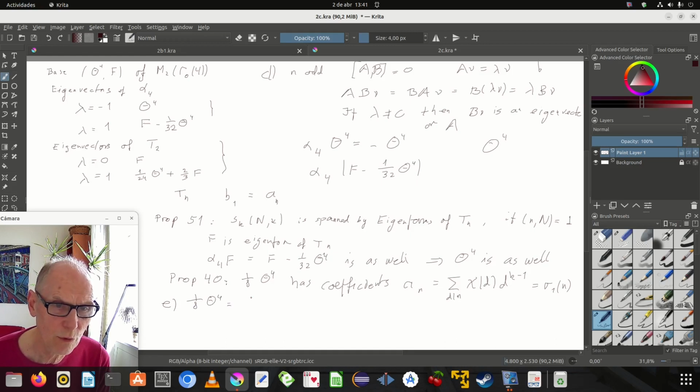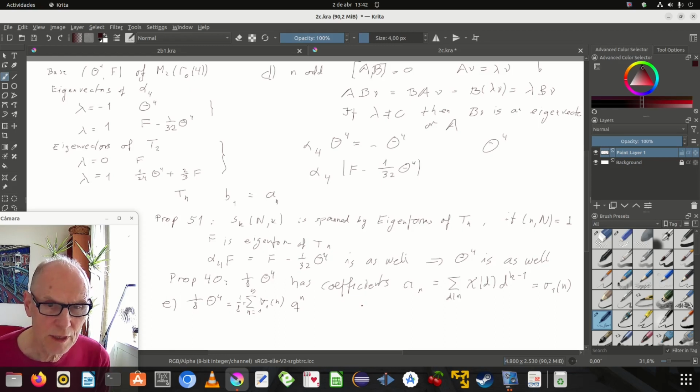Theta to the fourth is the sum theta 1 of n. So it's 1/8 plus sigma 1 of n q to the nth.